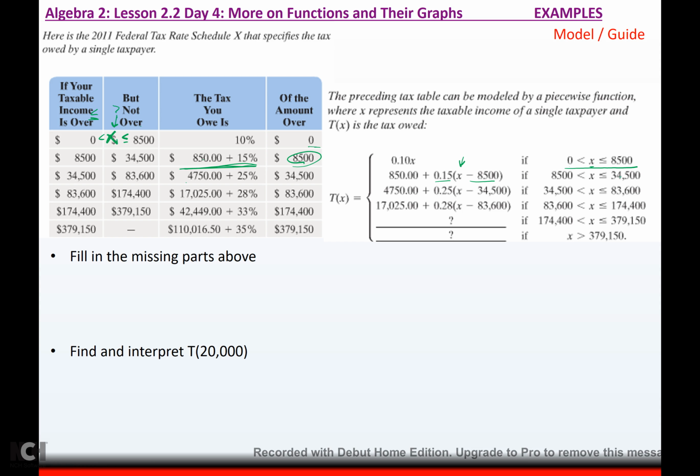Okay? And that is if you are greater than $8,500 but not over $34,500. So this one would be your x is between $8,500 and less than or equal to that.